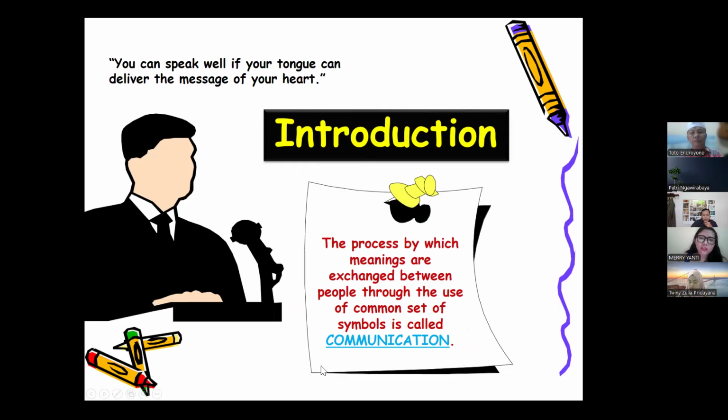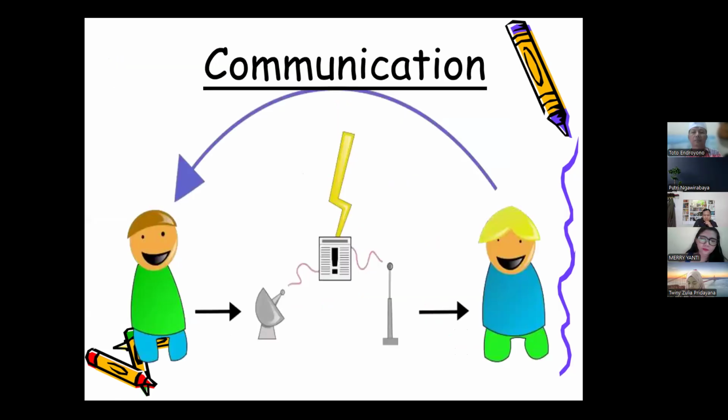And this is an introduction about communication. Communication is the process by which meaning is exchanged between people through the use of a common set of symbols. Next slide. This picture is about communication. The left person is the sender.